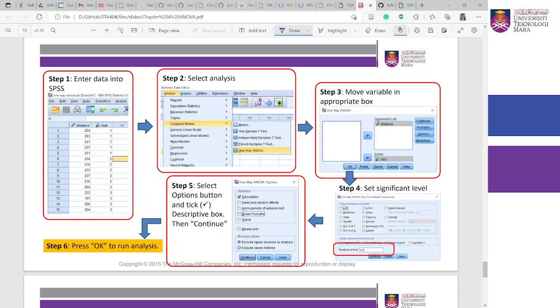And if you see here under the first part there is equal variance assumed. So here you have the test, what we call as a post hoc test, in order to determine which mean differ. Dia ada selection kat situ lah yang you all boleh buat. Either you want to use LSD or you can use Bonferroni untuk check which means differ, ataupun Tukey ataupun Duncan.